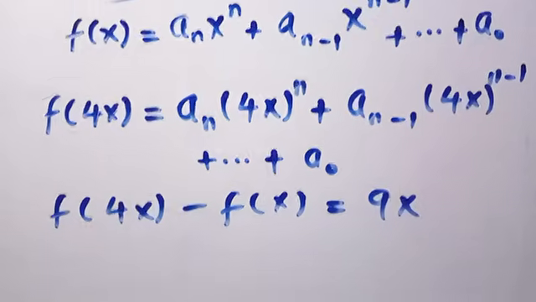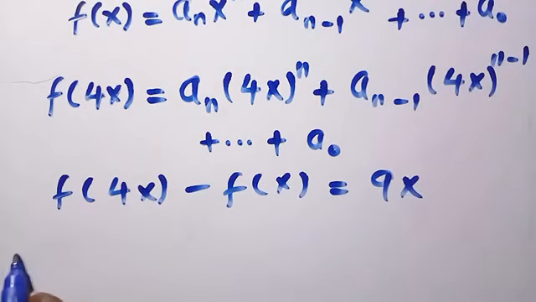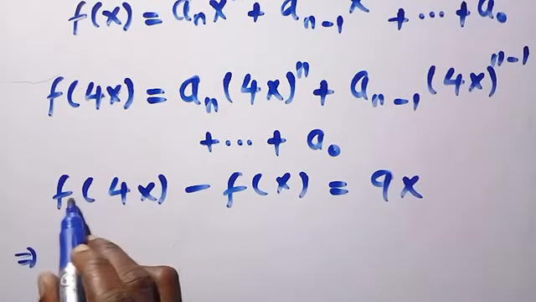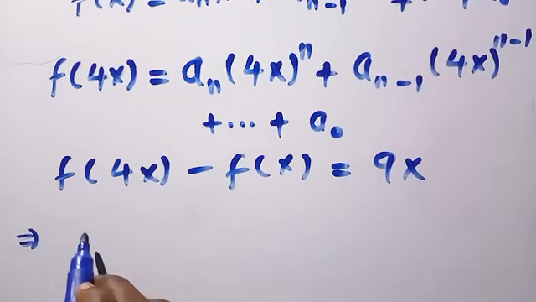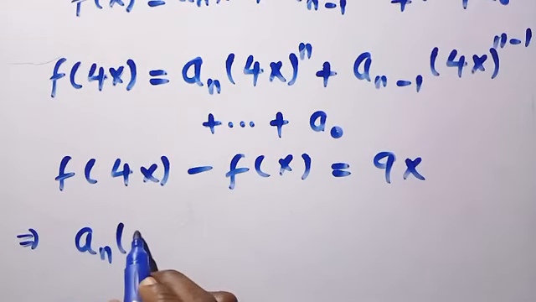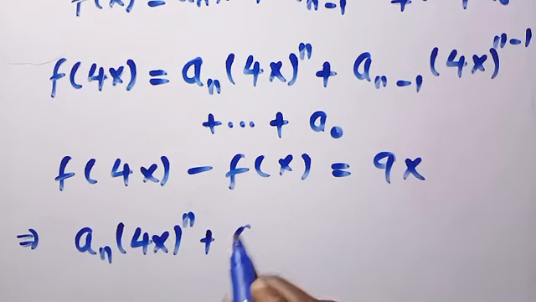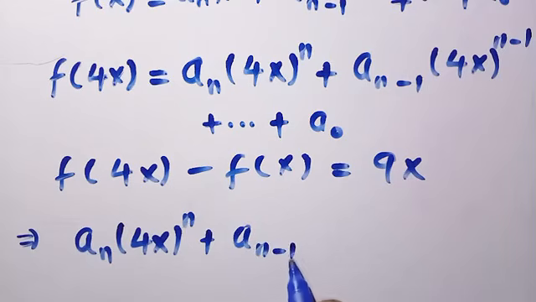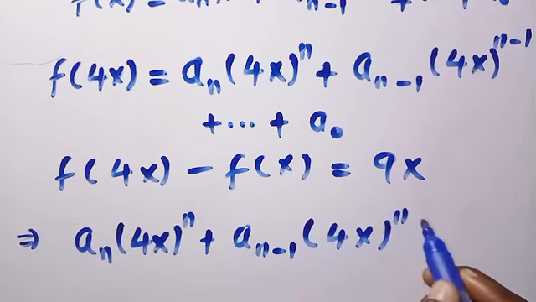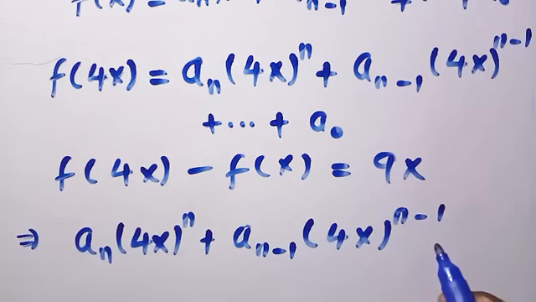So by taking this, for f of 4x, we have an into bracket of 4x raised to the power n, then plus an minus 1, 4x raised to the power of n minus 1, plus dot dot dot, then plus a naught.